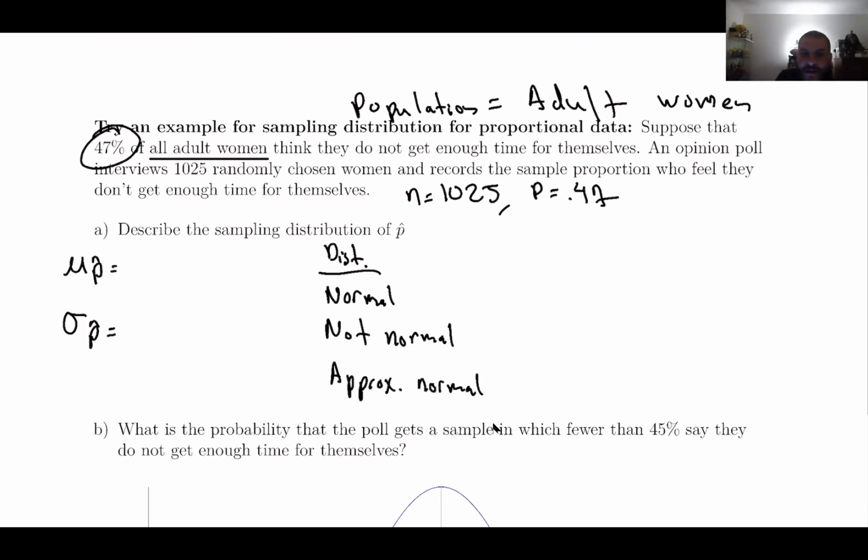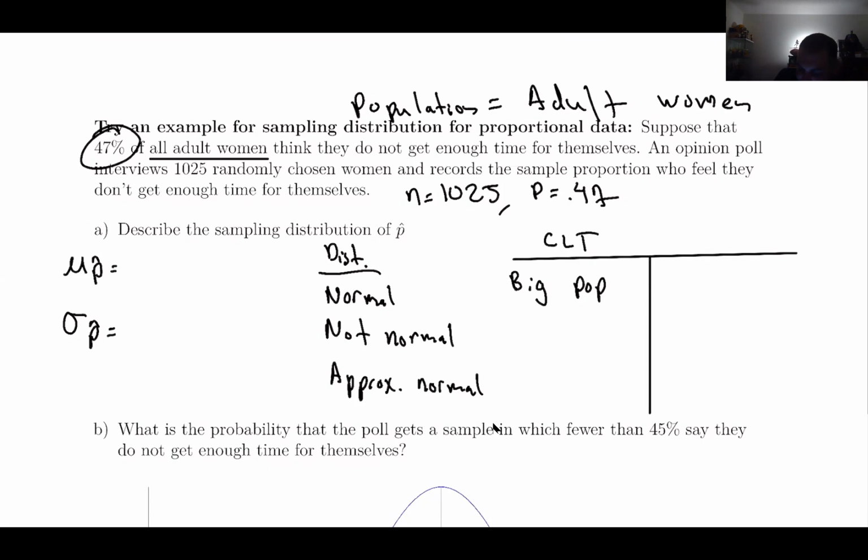So to be able to tell which of those three it is, we have to check the central limit theorem. And we have to check for big population, so we'll say big pop. And we also have to check for large sample size.